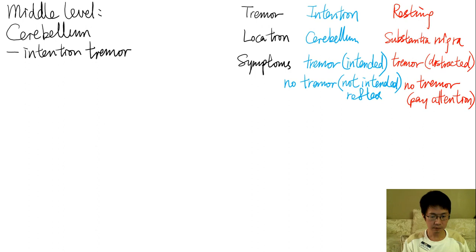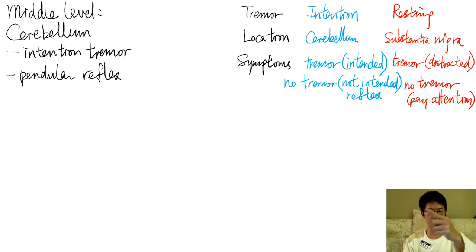For the cerebellum, we also talk about the pendular reflex. Touching your nose, touching the finger of your doctor, is a way to test for it. A pendular reflex is actually a symptom or a positive test result for the loss of proprioception or damage in your cerebellum. Damaging the cerebellum can cause the loss of proprioception.